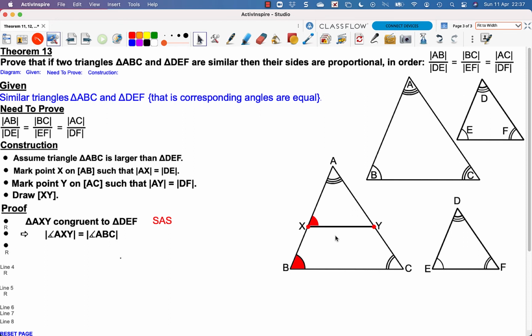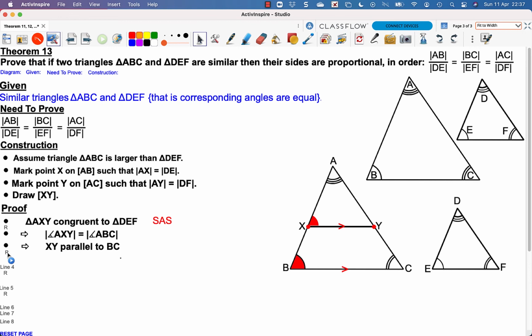Now, I wonder if you spot the obvious now. Well, if this angle and this angle are equal, they're F angles. And if F angles are equal, then these two lines are parallel. So we now know that XY is parallel to BC.